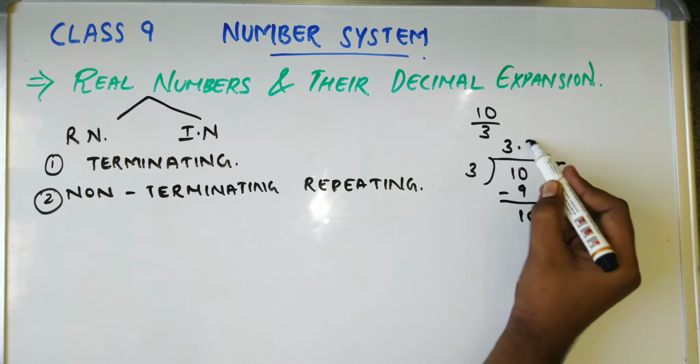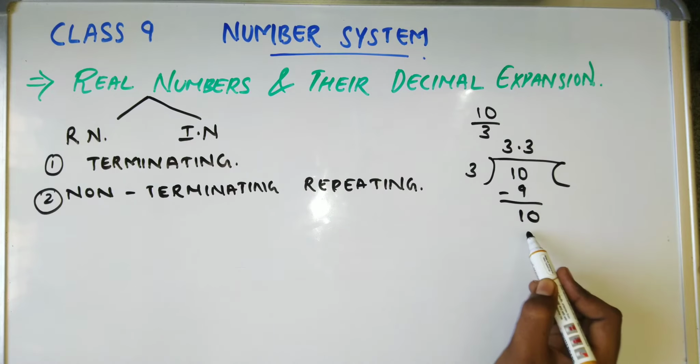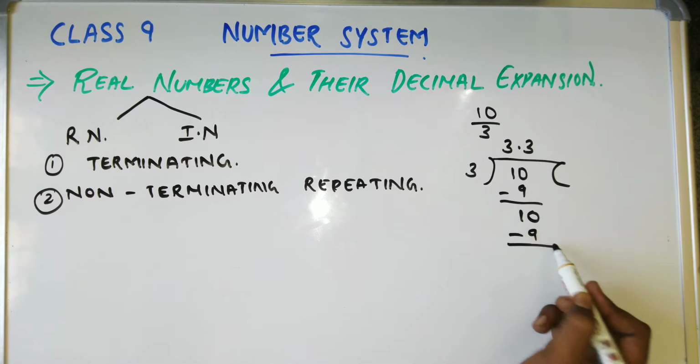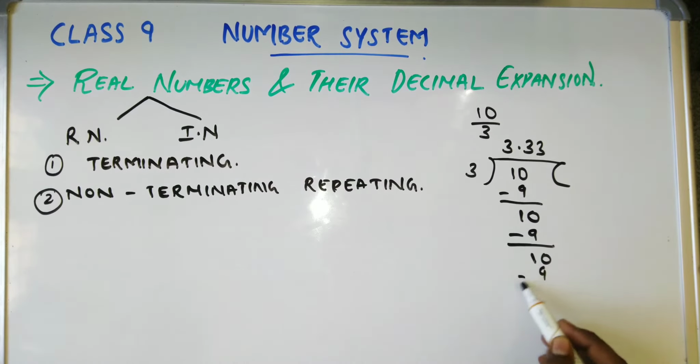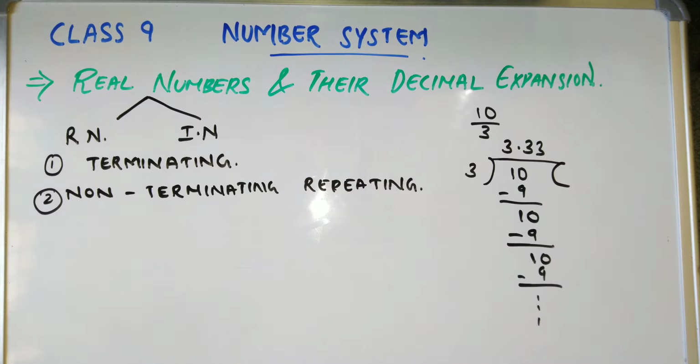Again 3, again 9, again 1, again 10, again 9, like that it goes on. So you can see that the quotient will go on repeating.